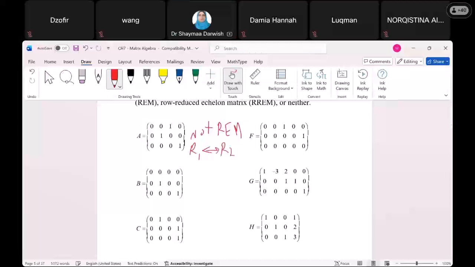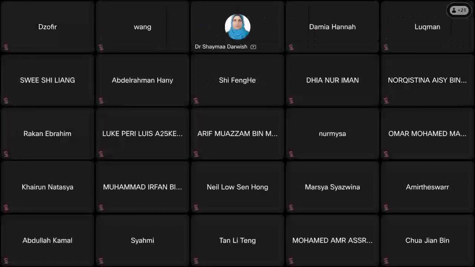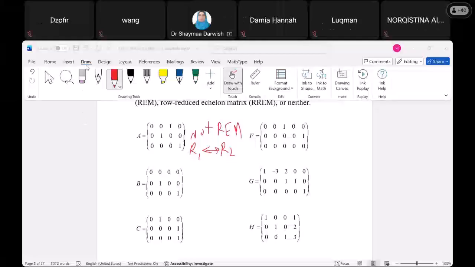Okay, matrix B. Is it in row echelon form, or is it a row echelon matrix or not? Where are the others?